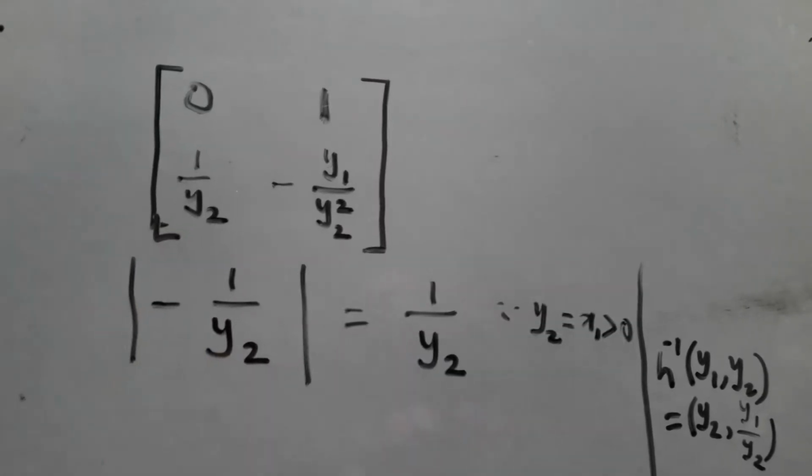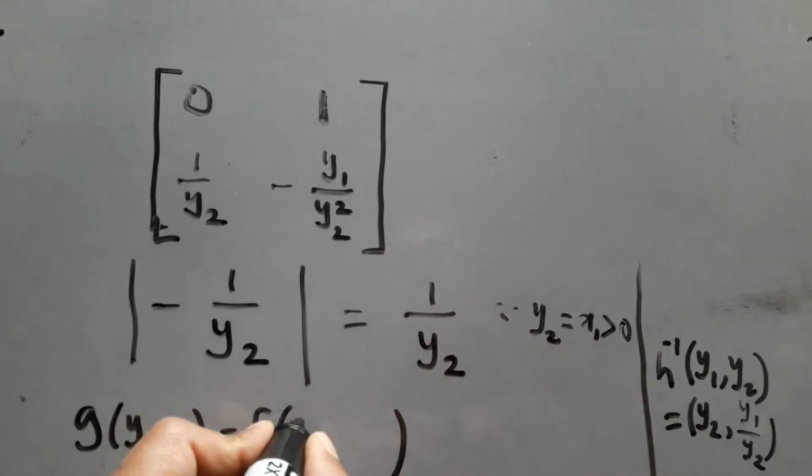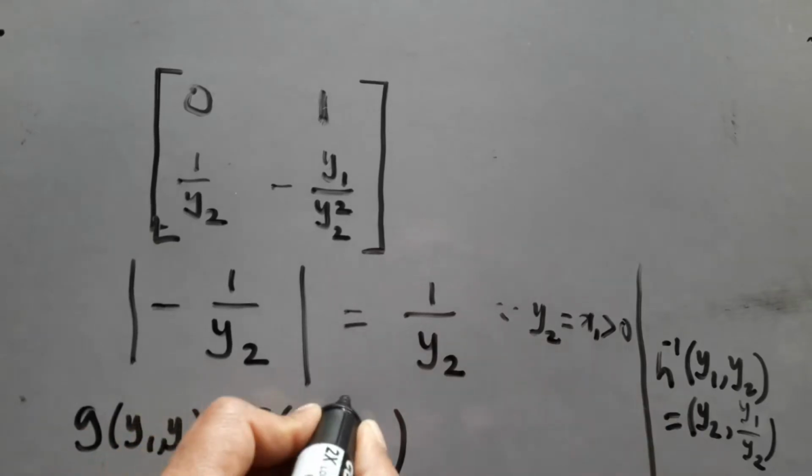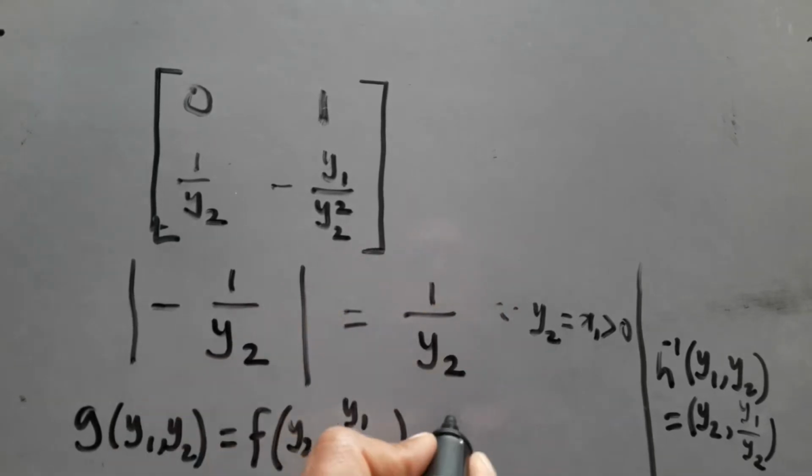So now we are in a position to write down the density of y. G of y1, y2 was f of H inverse of y1, y2. I already have it here. So it is just y2, comma y1 by y2, times this absolute Jacobian 1 by y2.